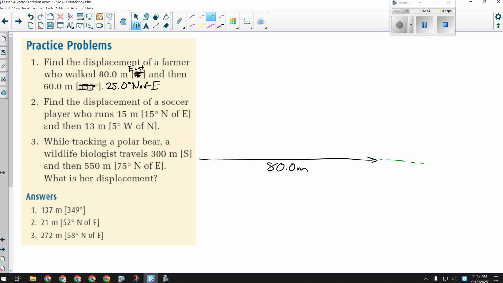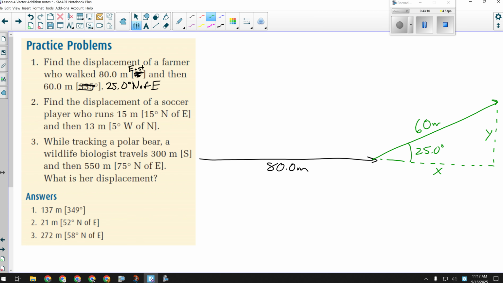So give myself a due east vector to kind of measure my angle from. And 60 meters. Probably could have been a little longer or a little shorter on the 80, but it'll do. It'll get the point across.